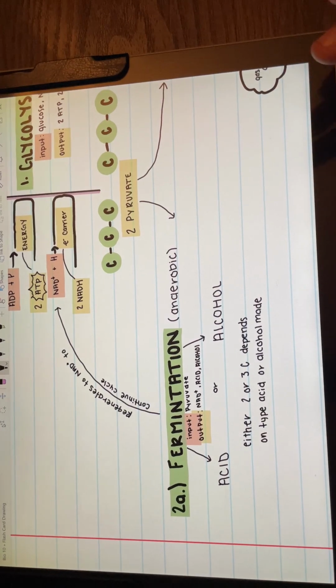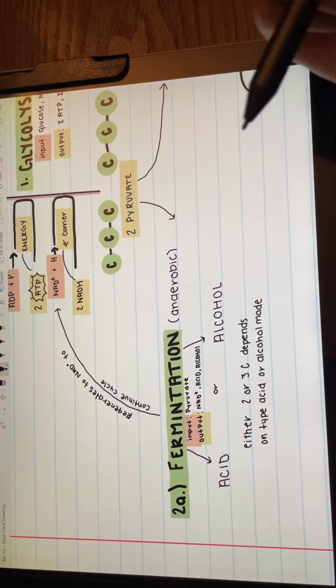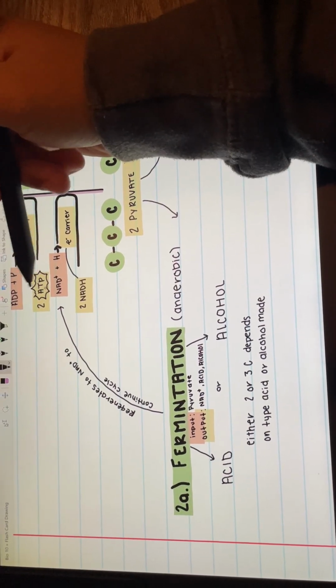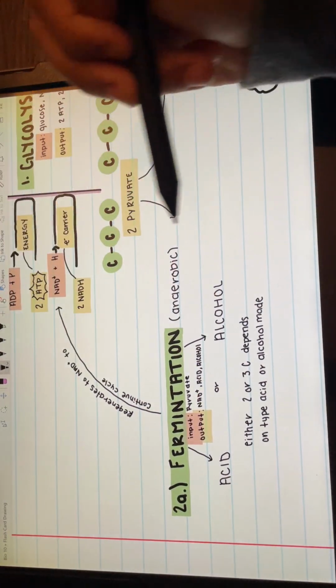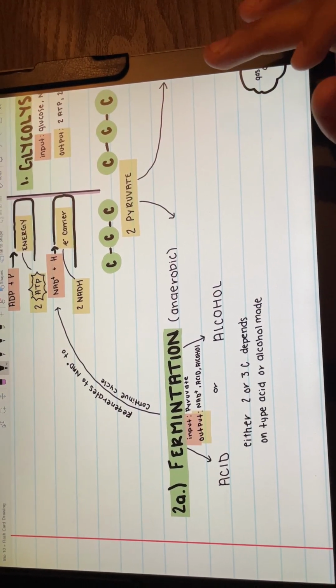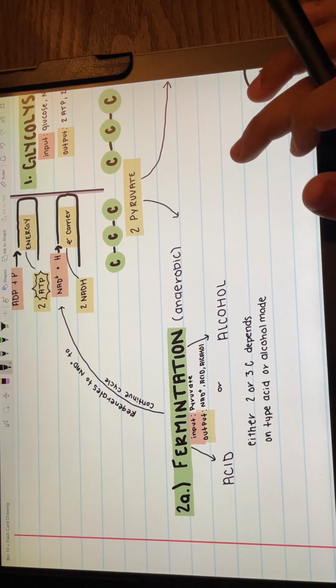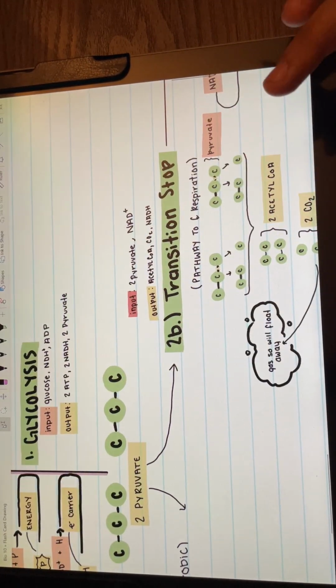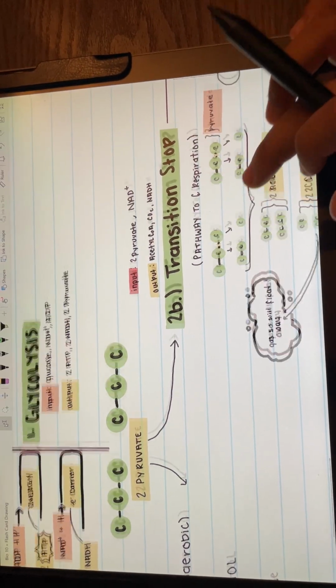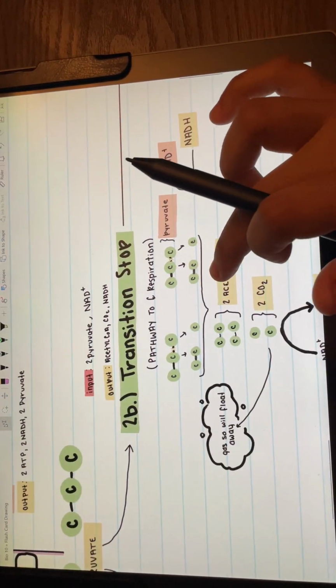This is extremely beneficial to cells just because we don't develop that much ATP in glycolysis to begin with. So by regenerating, we can start the process over. If the process can move on, then it will skip fermentation and it will go straight into the transition step.